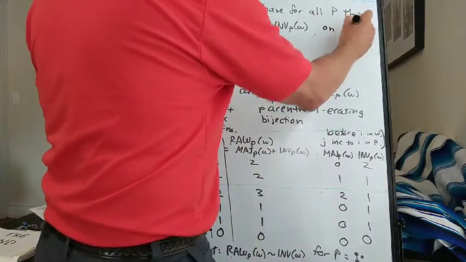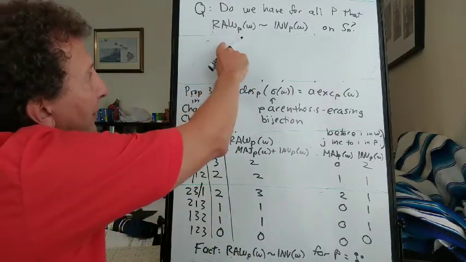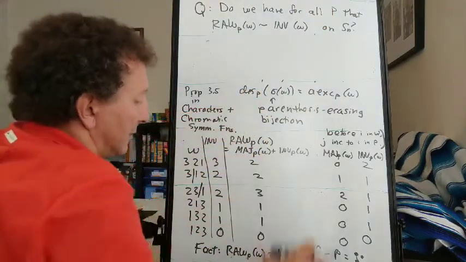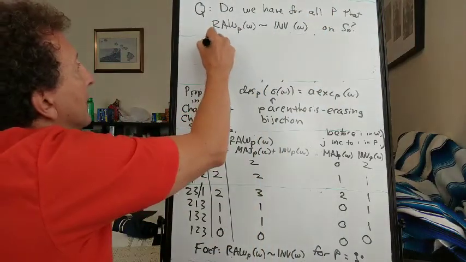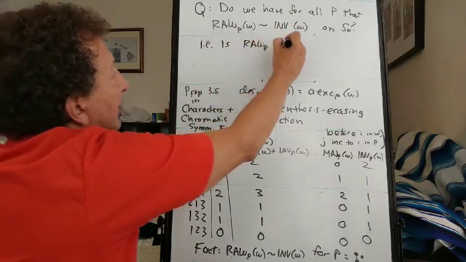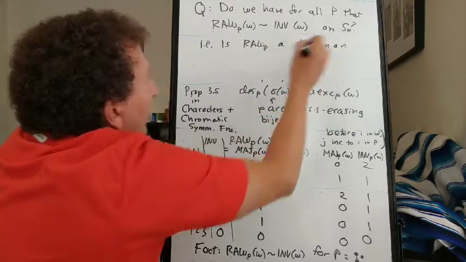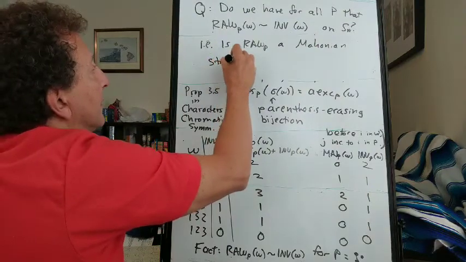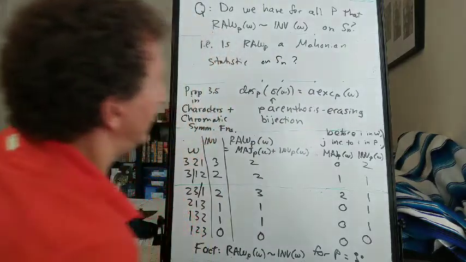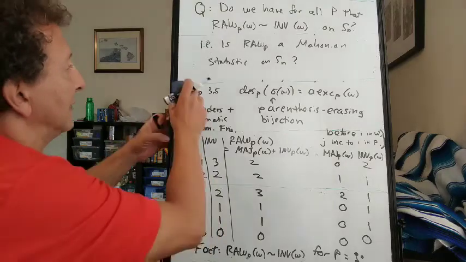So is the p-Rawlings statistic a Mahonian statistic? Oops, there should be no p here. So is the p-Rawlings statistic a Mahonian statistic? Well, this isn't known to be true, which is why I've written a question mark here.